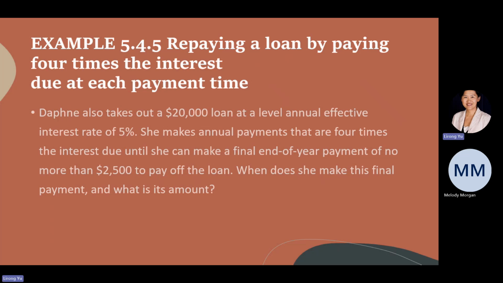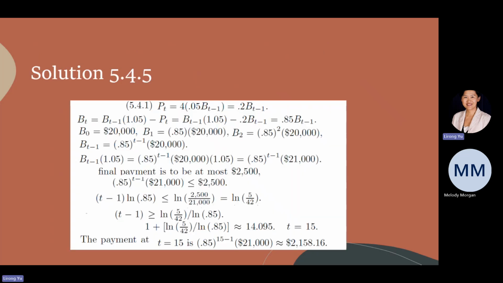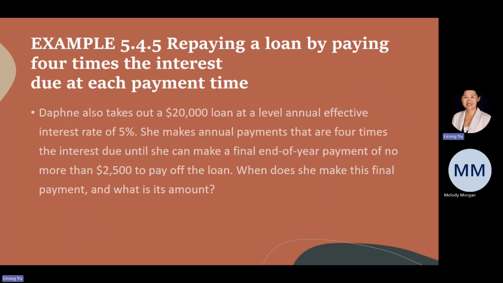So now we have to figure out the time when the payment can be reduced, and we also want to figure out the actual quantity of the final payment. So we try to figure out the interest rate, right? 4 times the interest.